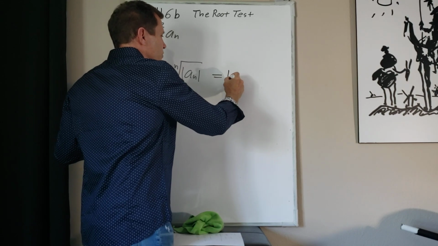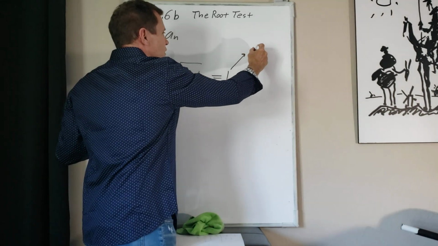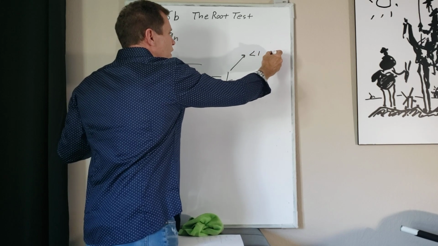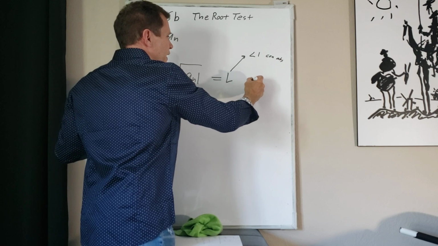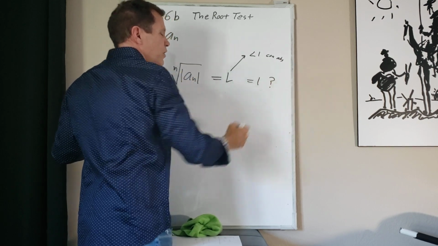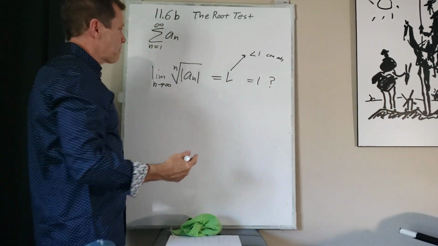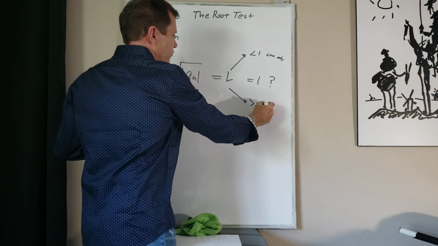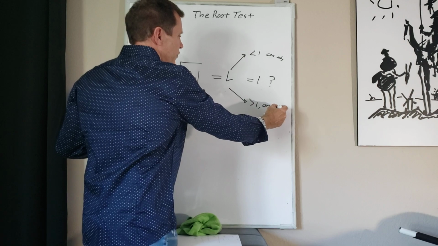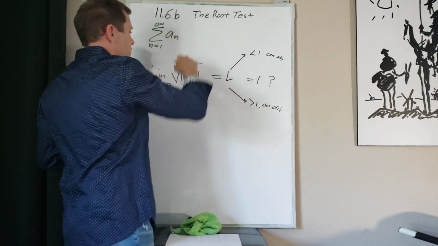If this equals L, and if L is less than 1, it converges absolutely. If L equals 1, you have no idea, you just wasted your time. And if L is bigger than 1 or infinity, the series diverges.